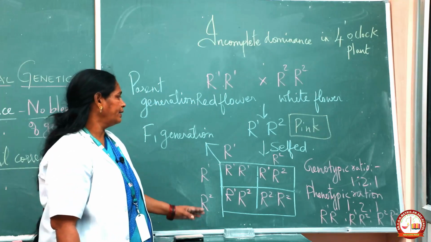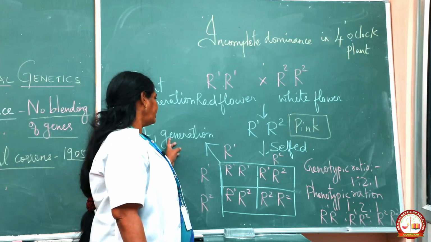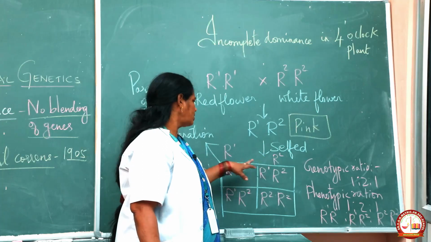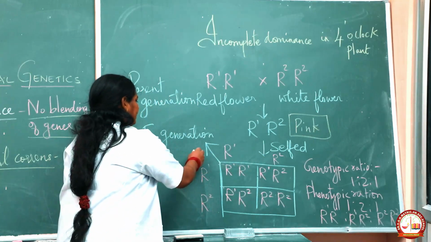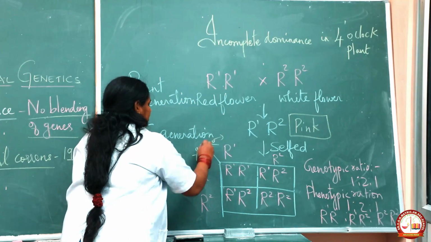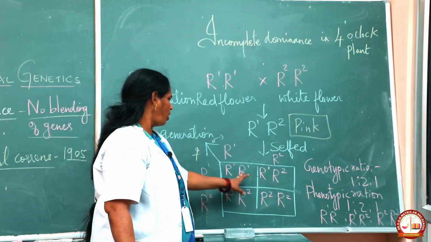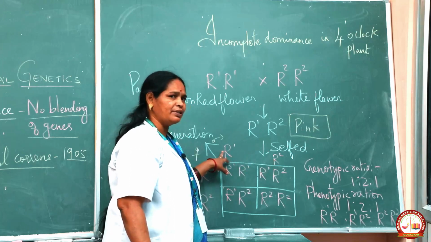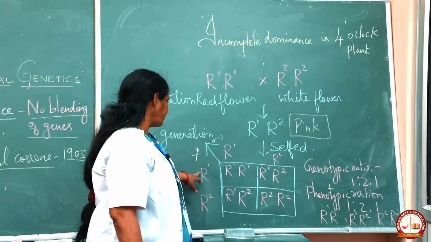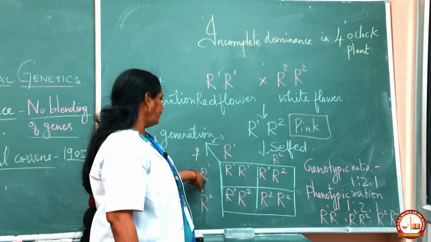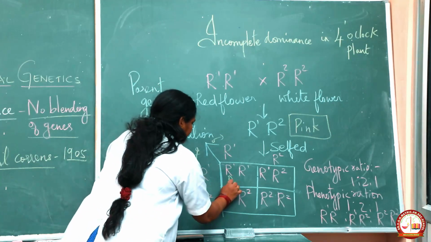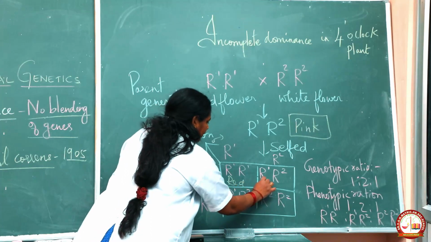So here in the F2 generation, R1R2 is selfed. Look at the male and female gametes in the Punnett square; we have four blocks. The gametes are R1 and R2. R1 crossed with R1 gives the red-colored flower.